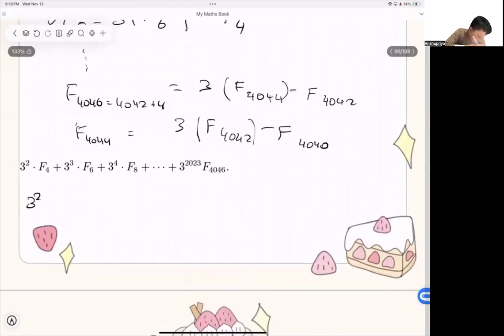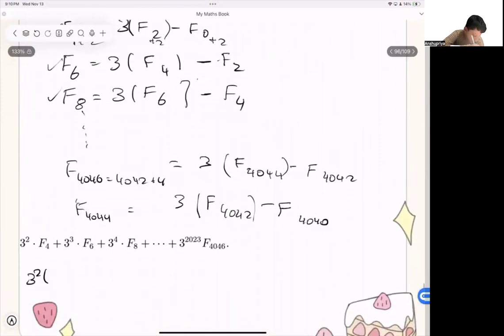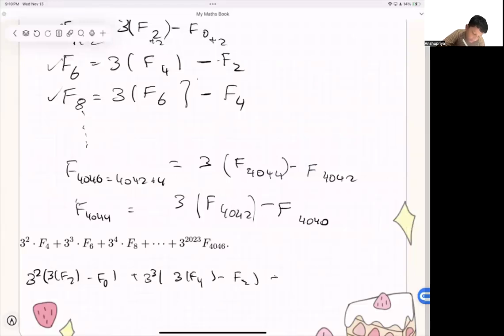So we will get 3 squared times 3F2 minus F0, plus 3 cubed times 3F4 minus F2, plus 3 to the 4, and so on.